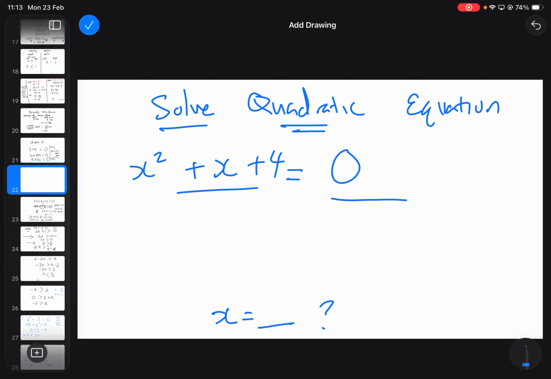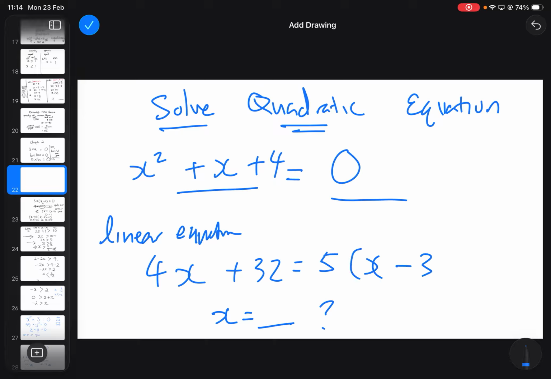Compare this to linear. Before this, what we did were all linear equations. In a linear equation, your x doesn't have power 2. Linear equation, your x is only power 1. You can have 4x plus 32 equals to 5x minus 3 or something like this. But your x is all power 1 only. Then when this x is power 1, we call it linear.